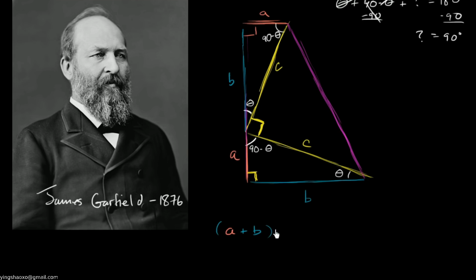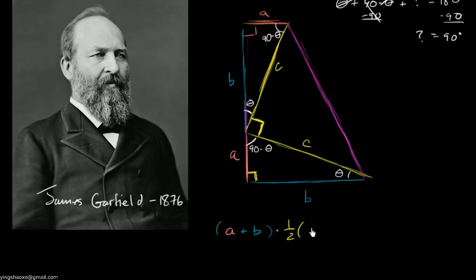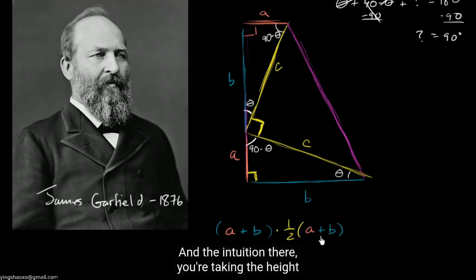So this times 1/2 times A plus B. And the intuition there, you're taking the height times the average of the bottom and the top. That gives you the area of the trapezoid.